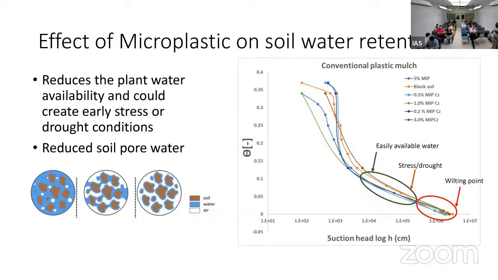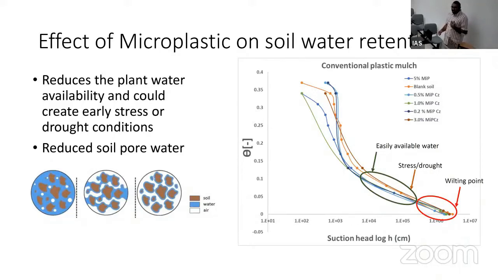And what we have found here, if you look at the wilting point, it has huge variability. It could make it difficult for the agronomist to assess when the plant is going to die or when there is a permanent wilting point.